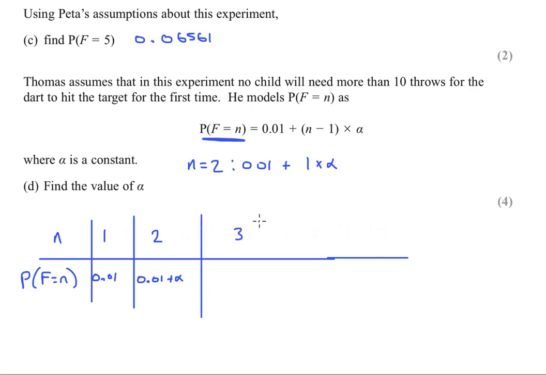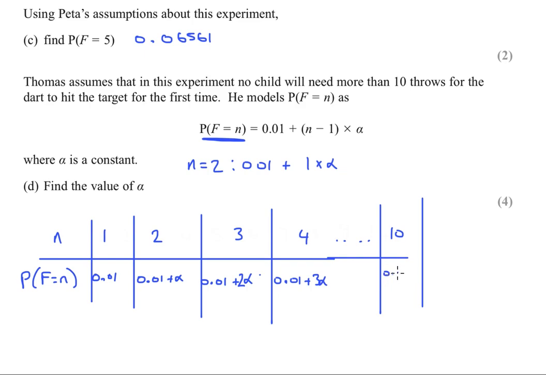The third go is going to be 0.01 again plus 2 lots of alpha. Then it's going to be 3 lots of alpha, isn't it? And that's going to keep going until we get to the 10th throw, which is going to be 0.01 plus 9 lots of alpha.